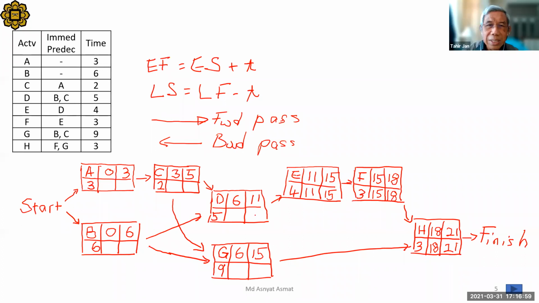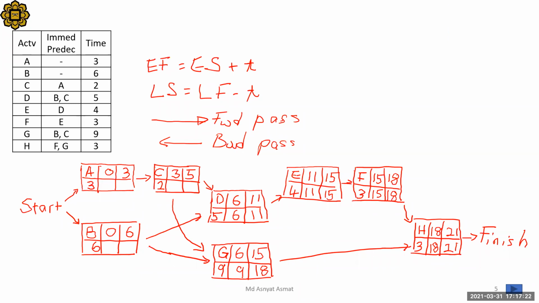And then D, late finish 11, late start 6. Can we go down? G, late finish 18, late start 9. I think you detect something already.